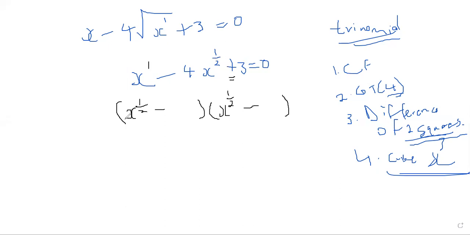But after writing, check if it does give you the exponent of the first term. I hope I'm making sense. Then the last thing to do would be to find the factors of 3, and we know that the factors of 3 are only 3 and 1. And whether you put 1 this side, the signs are the same, so it doesn't matter. So we just put 3 and put 1. This is still equal to 0.